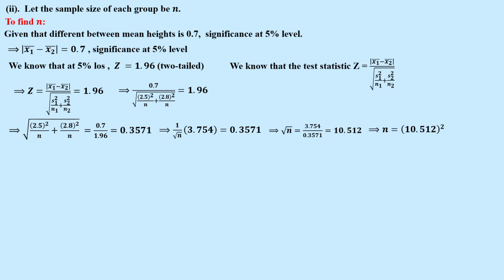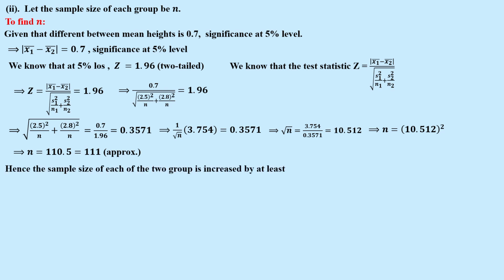Now squaring both sides, n is equal to 10.512 square, approximately 110.5, so the sample size is 111. Hence the sample size of each of the two groups is increased by at least, already you have 50, so the difference is 111 minus 50, that is 61.